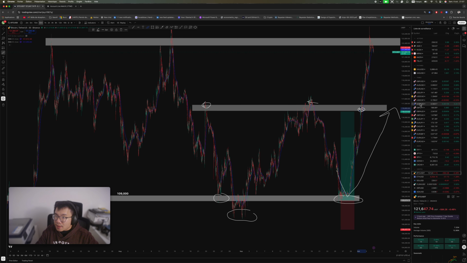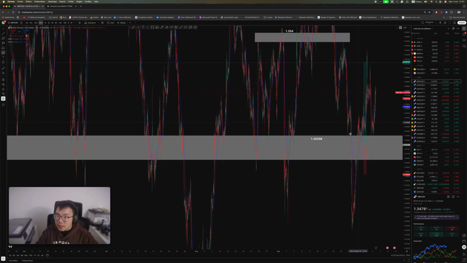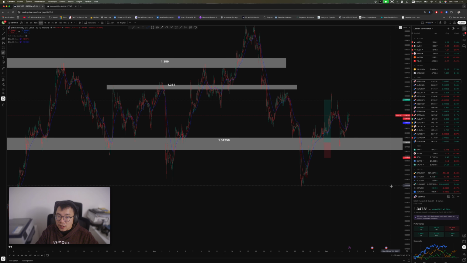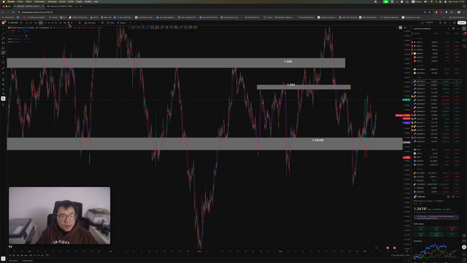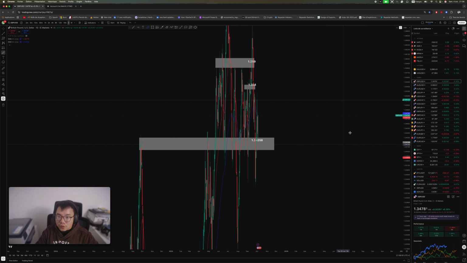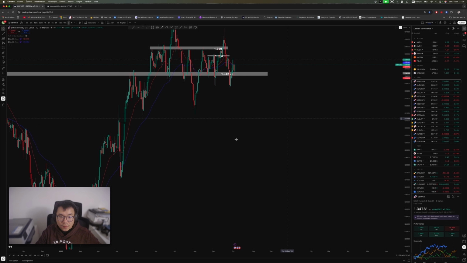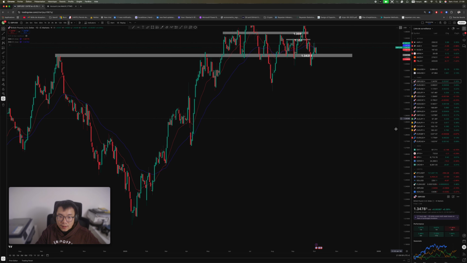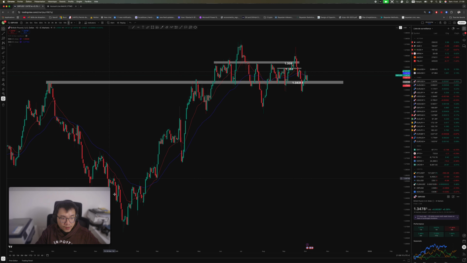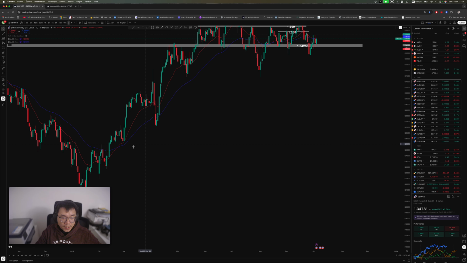The second setup that I took is this one, GU. For this one, I'm going to do the same thing. First, I will start with the daily time frame to see the market direction. This one is very clean, extremely bullish.